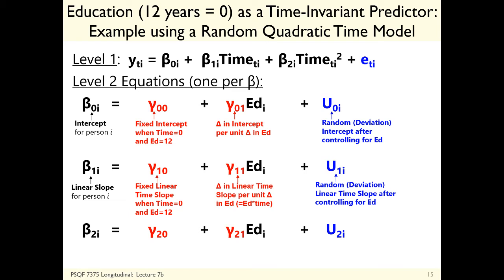Then gamma 11. Do you know what this is? It's an interaction. This is education by time. Gamma 11 is how the linear slope changes per unit education.